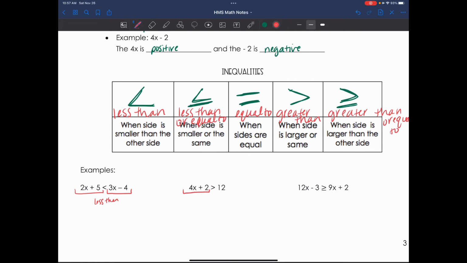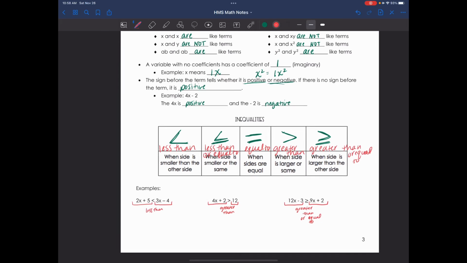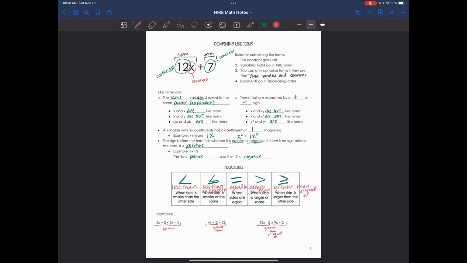Here, 4x plus 2 should be greater than 12. 12x minus 3 is greater than or equal to 9x plus 2. That's it. We're not going to solve anything. We're done. Cool.